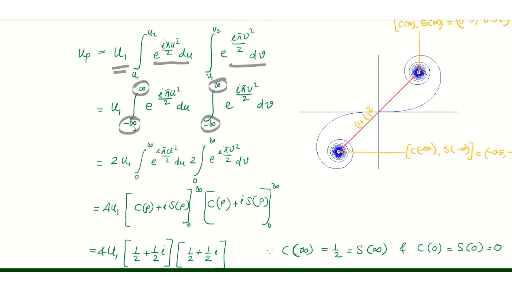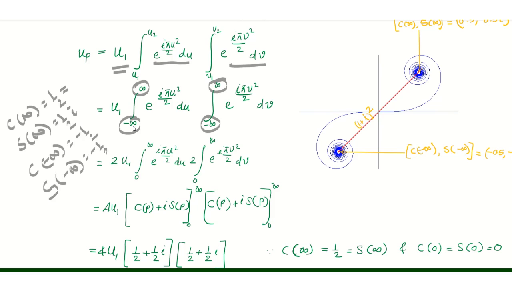We know that C at infinity is half, and S at infinity has the magnitude half, and i, that is your imaginary part. Similarly, C at minus infinity is minus half, and S at minus infinity is minus half i.